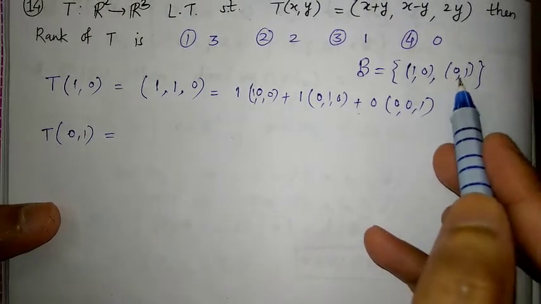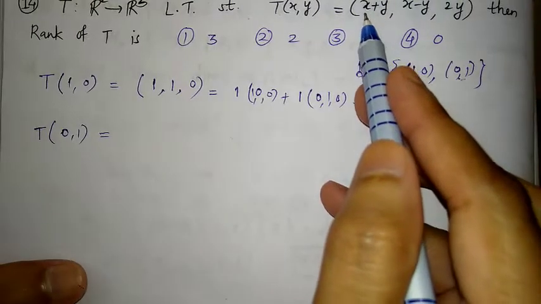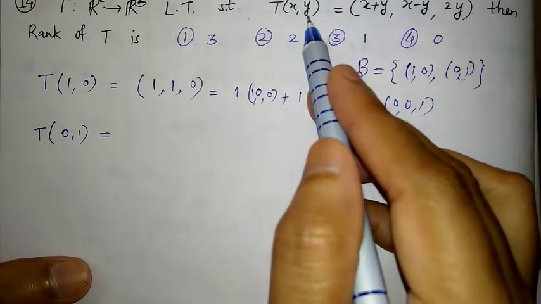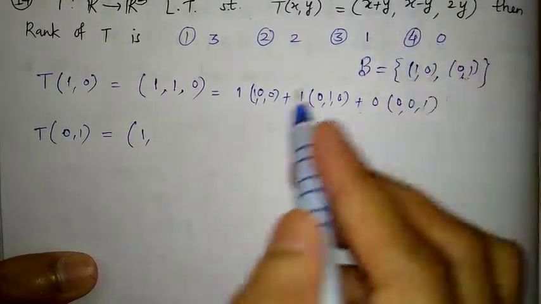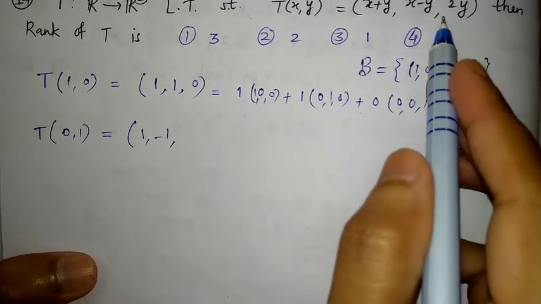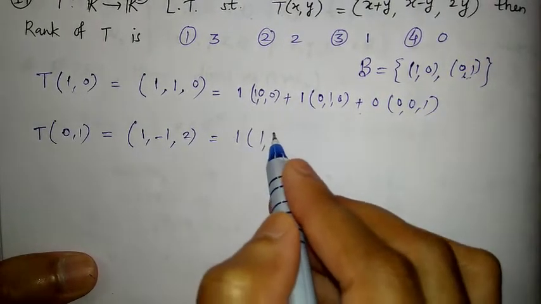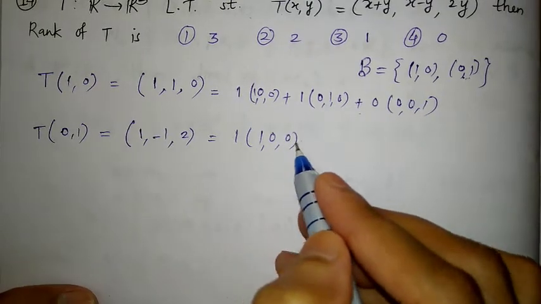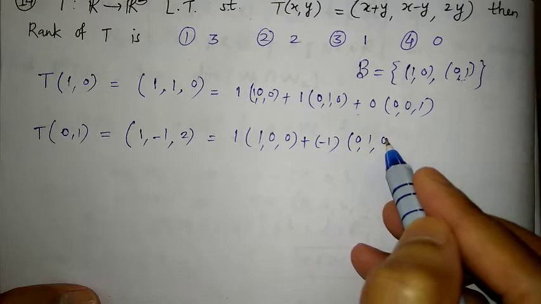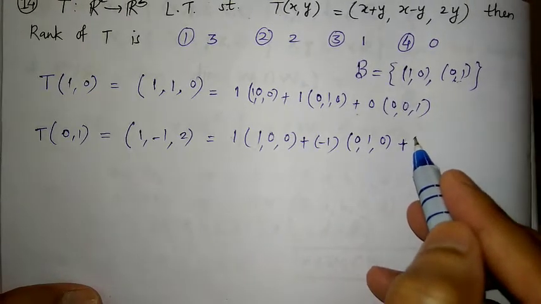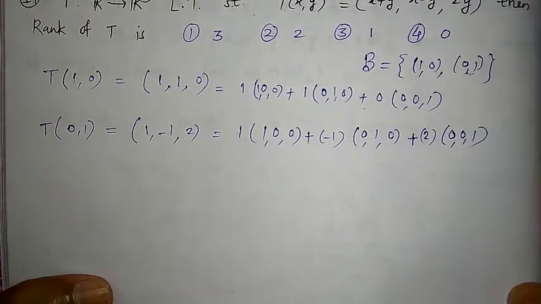So this is E2. So T of E2 is equal to, this is just x is 0, y is 1. So 0 plus 1 is 1, then 0 minus 1 is minus 1, and then 2 times 1 is 2. So this is just equal to 1 times (1, 0, 0) plus minus 1 times (0, 1, 0) plus 2 times (0, 0, 1), right?